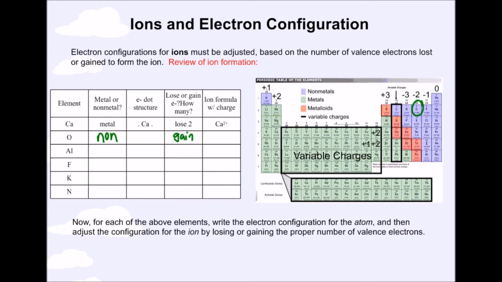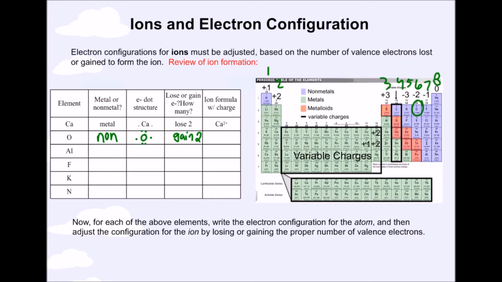If we look at oxygen, it is 1, 2, 3, 4, 5, 6, 7. It's going to have 6 valence electrons, so it's going to have 6 dots. It's going to gain 2 electrons in order to have 8.